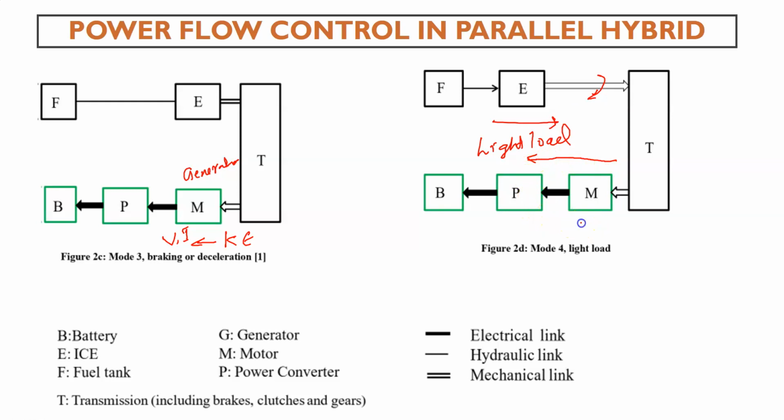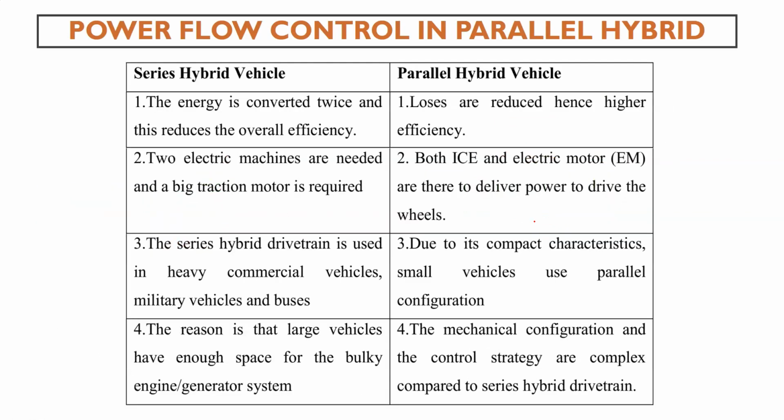This will act as a generator. So in this case, the electric energy is not flowing to the motor. Instead, the motor will act as a generator and will produce electrical energy, and that is used to charge the battery. So this is the fourth mode. So these are the four modes of operation in the case of a parallel hybrid vehicle.